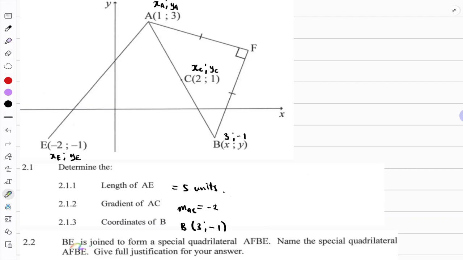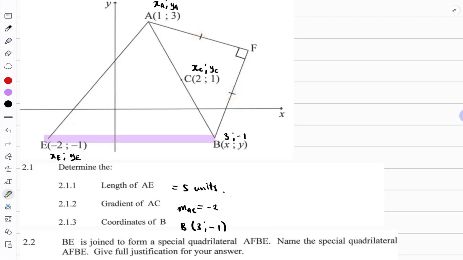So the next question says BE is joined to form a special quadrilateral AFBE. Name the special quadrilateral AFBE. Give full justification for your answer. So to realize this quadrilateral, we need to just join E to B, and already we know that AF is equal to FB, it's given.